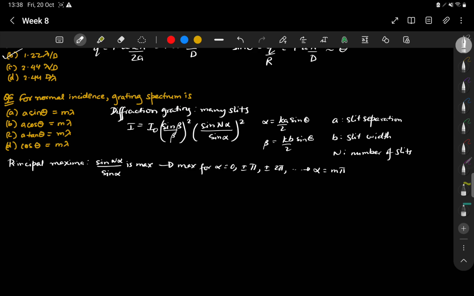Now if we look at alpha going to 0, the limit of sine n alpha over sine alpha as alpha tends to 0, we will make use of L'Hopital's rule and differentiate the numerator and denominator. The derivative of the numerator is n cos n alpha. The derivative of the denominator with respect to alpha is cos alpha.